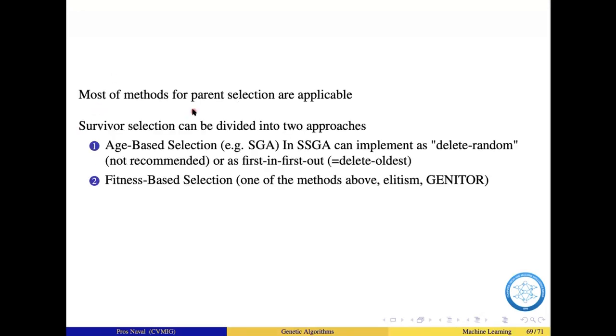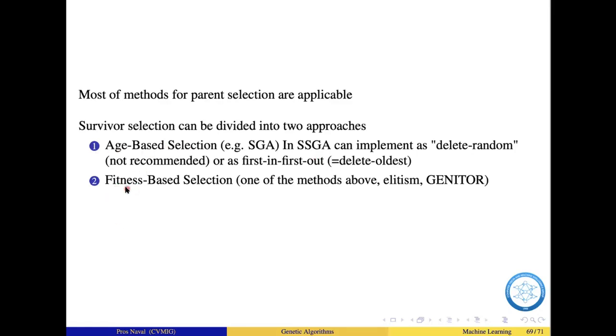Now, most of the methods for parent selection are applicable. As regards selection of survivors, we have 2 approaches. We have age-based selection, such as in the case of SGA. In the steady-state genetic algorithm, we can implement that as delete random, which is not recommended, or as first in, first out, or delete the oldest individual.